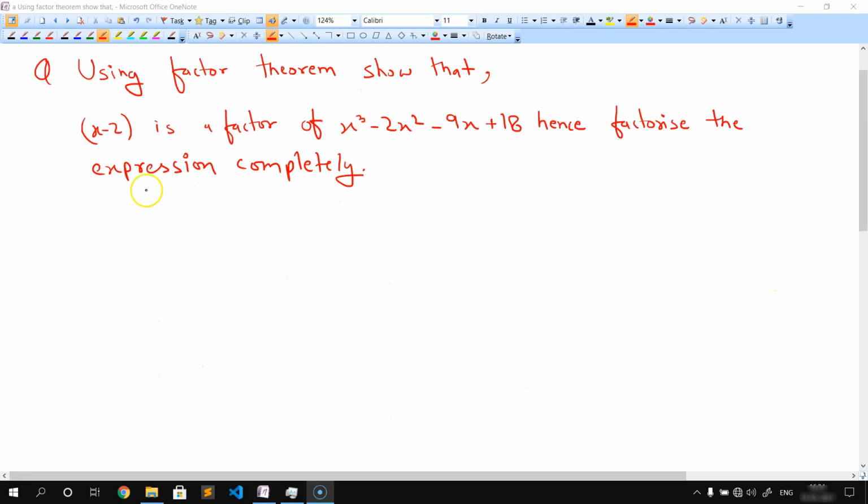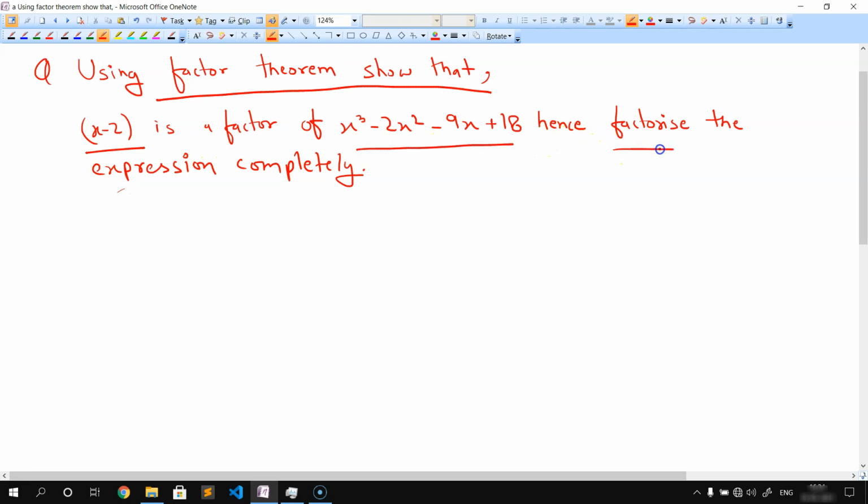Here our question is given: using factor theorem, show that this is a factor of this equation and hence factorize the expression completely. So let's do it.